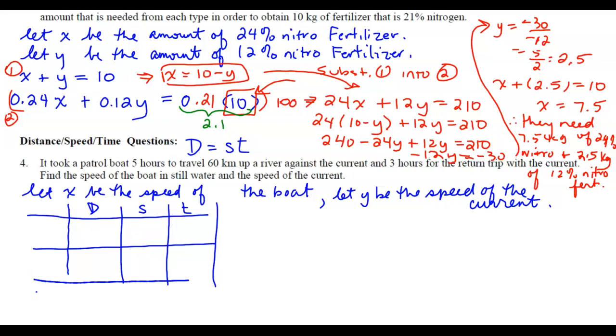Whenever you do a distance, speed, and time, it always has basically 4 columns, 3 with distance, speed, time, and 1 to describe it, and then the 2 situations. Okay, so if you're going up the river 60 kilometers, when you come back down, is that the same distance? Yes.